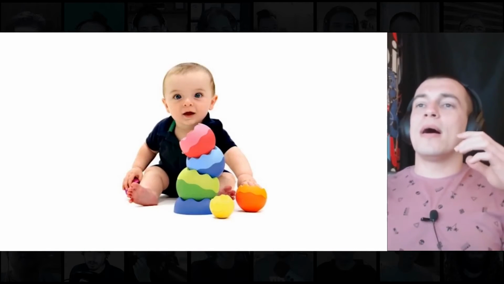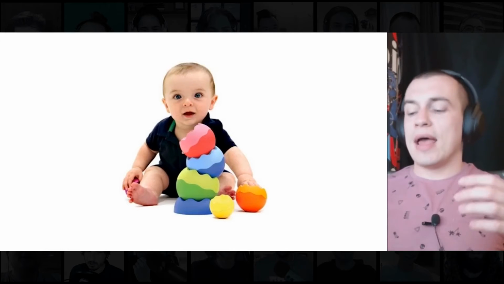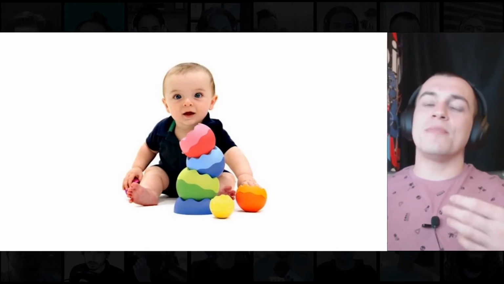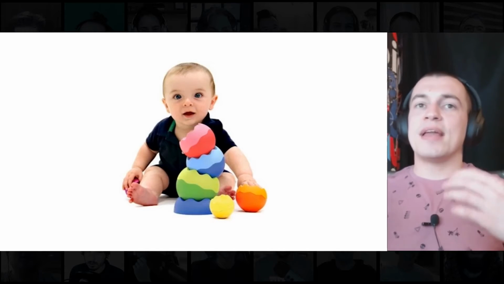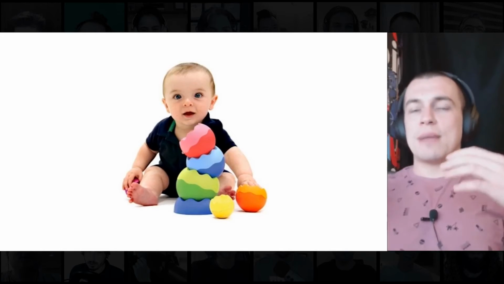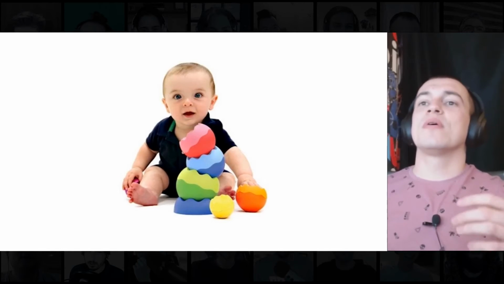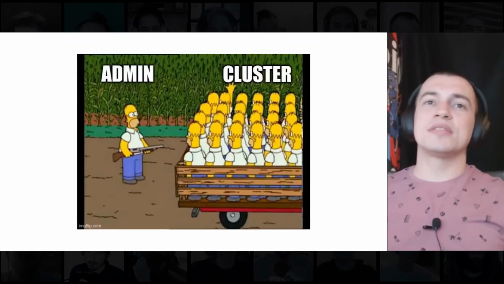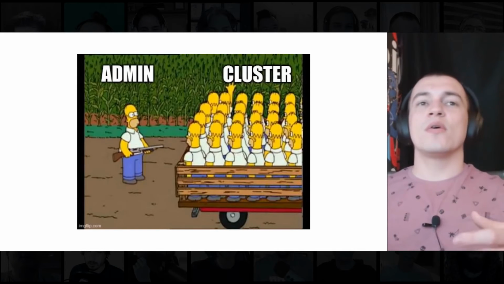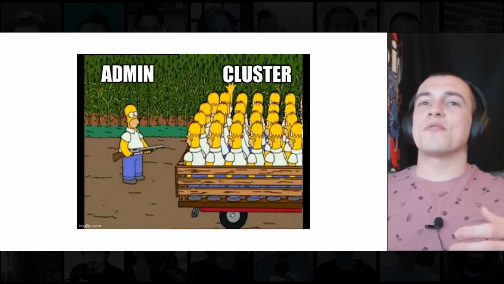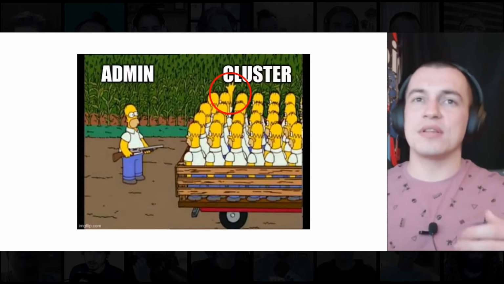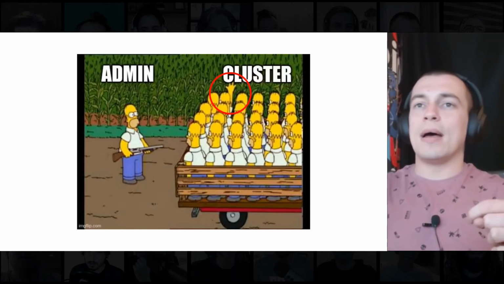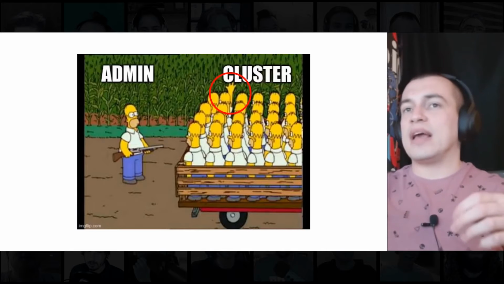They want to start it fast and see the abnormalities right away without having that deep expertise in Hazelcast. And once we establish these user groups, we need to answer, what do our users want? In our case, we have admins who want to find some sort of abnormalities in our clusters. So if we have like 30 machines, our admins want to see that one machine that has some sort of abnormal behavior.